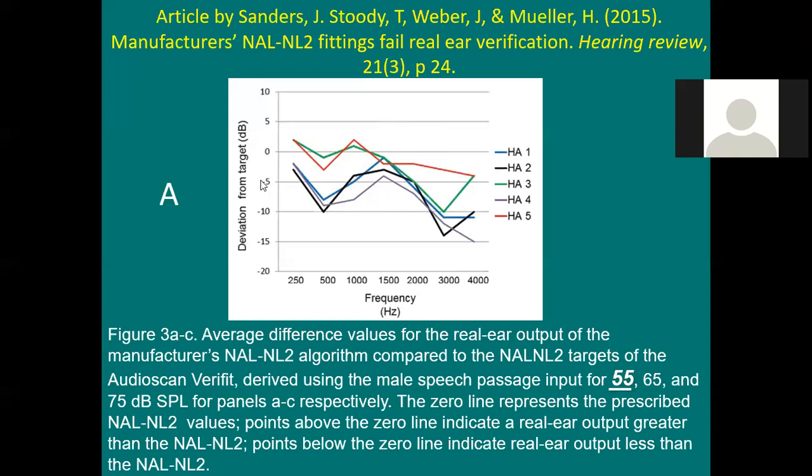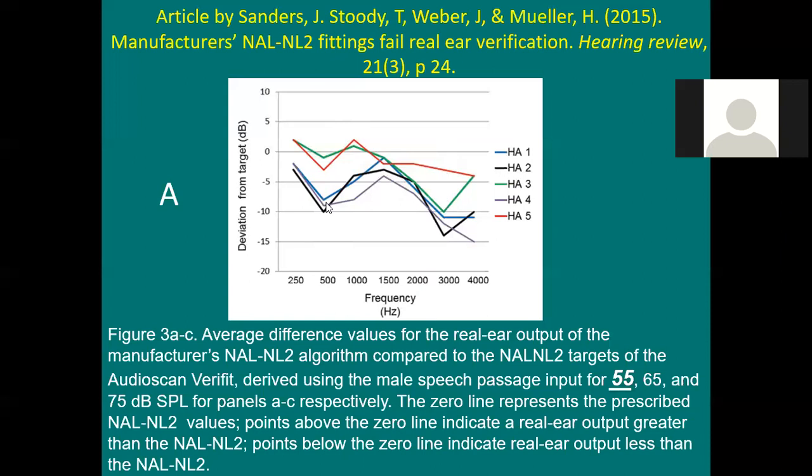Well, this is -5, so I was about 3 shy of target. And then in the high frequencies, whoa, I was about 15 decibels below target. So maybe Bernafon's version of NAL2 differed from the Real Ear system's version by some 15 decibels in the highs and some 10 decibels in the lows.